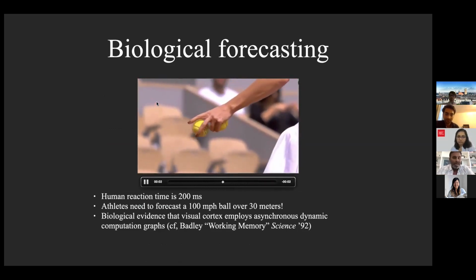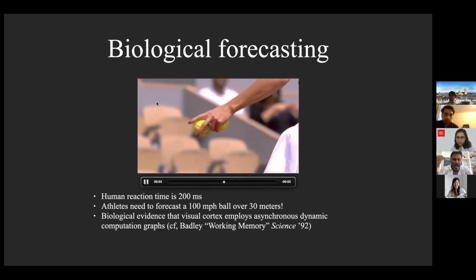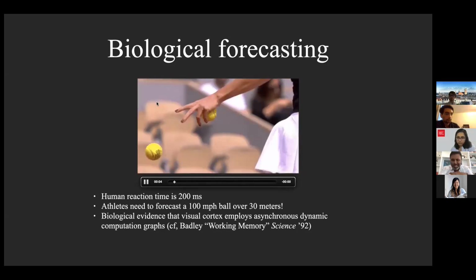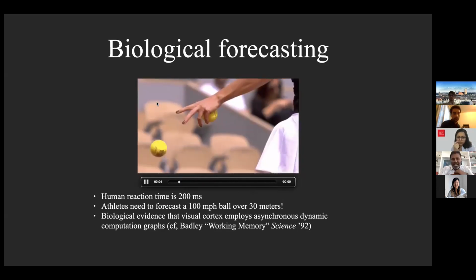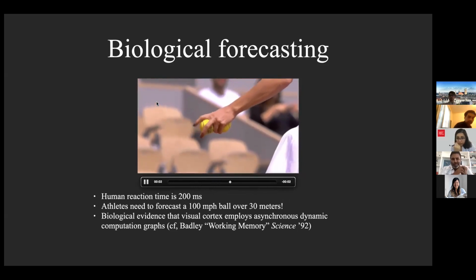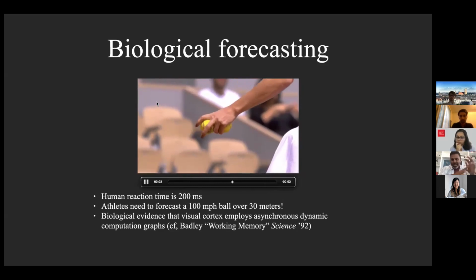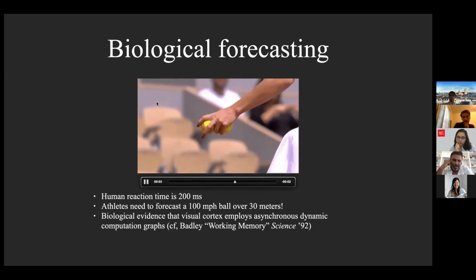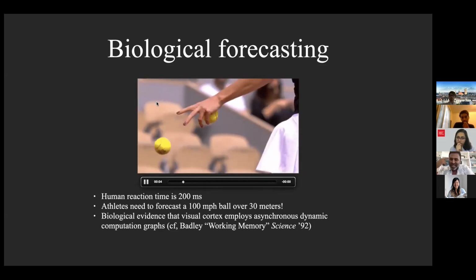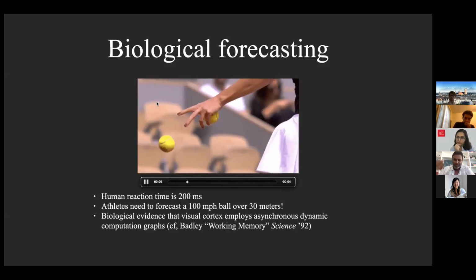Even though I motivated this from the perspective of building an actual system to run on a physical autonomy stack, one of the inspirations for us was always biological vision and biological perception. Human reaction time is roughly 200 milliseconds. What that means is the time it takes for a signal in your retina to fire and go all the way to your fingers to manipulate a bat takes roughly 200 milliseconds.